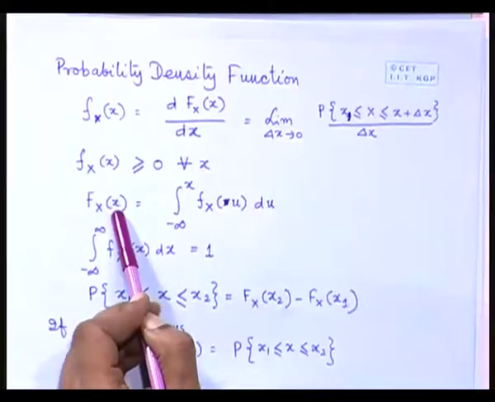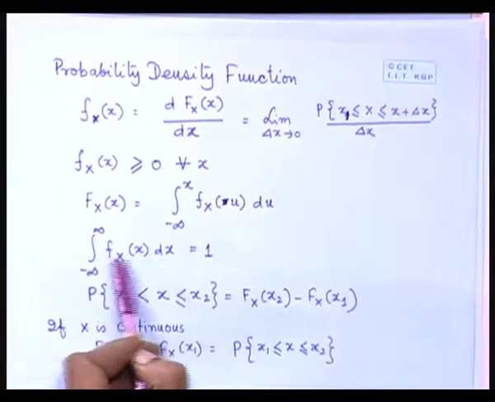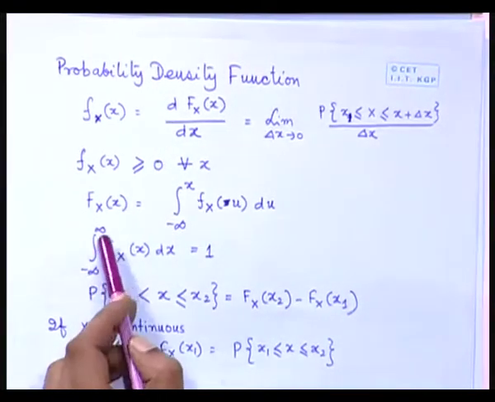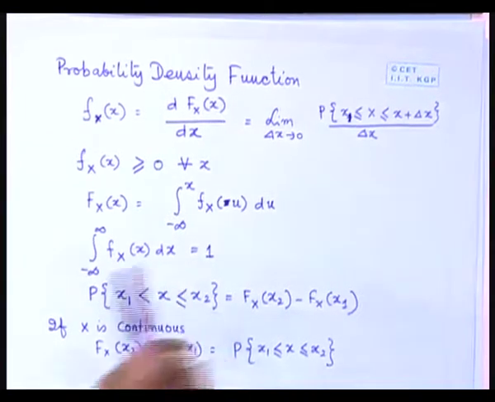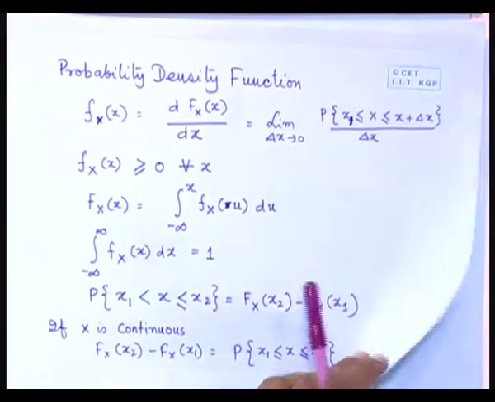And we know that Fx at plus infinity is 1. So this function should be such that when integrated from minus infinity to plus infinity, it should evaluate to 1. This property we have already seen, so we do not need to see it again.